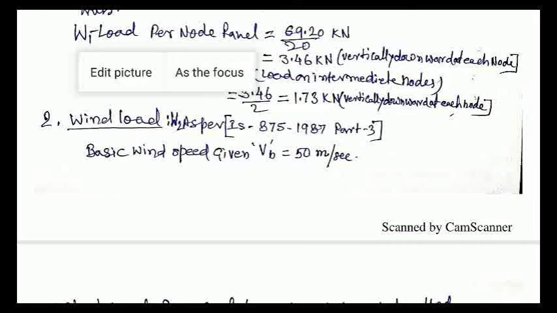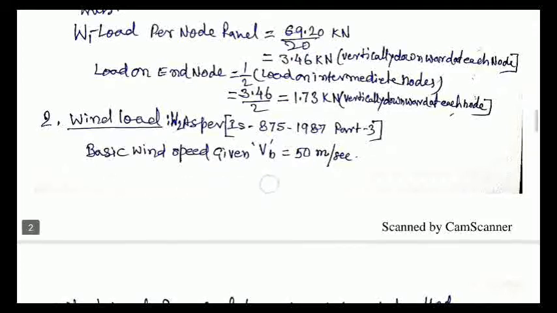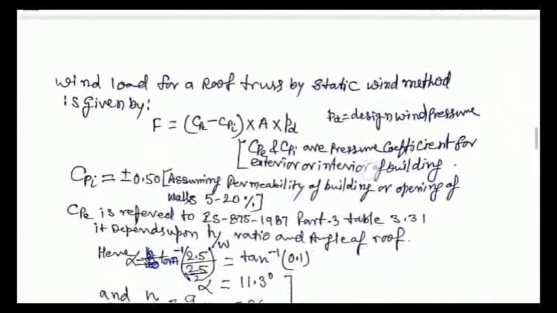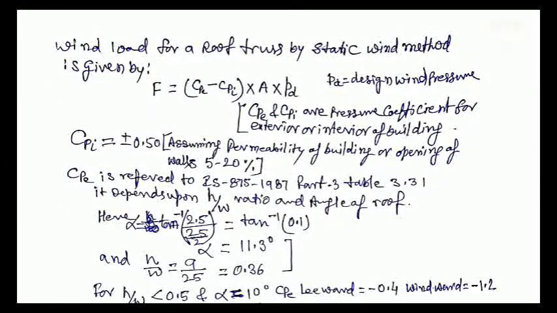As per IS 875/1987 part 3rd, we have to calculate the wind load, and the wind speed here given is 50 meter per second. So wind load of a roof truss by static wind method is given by this formula.